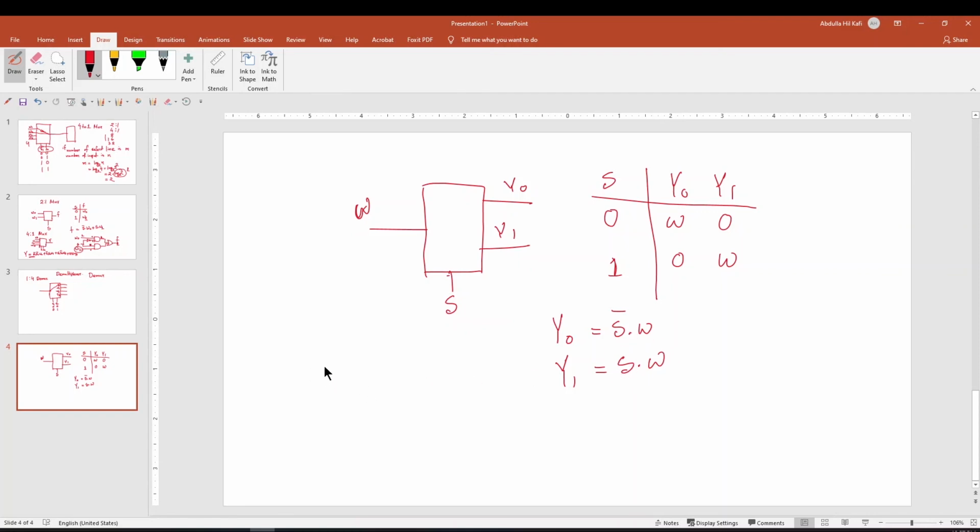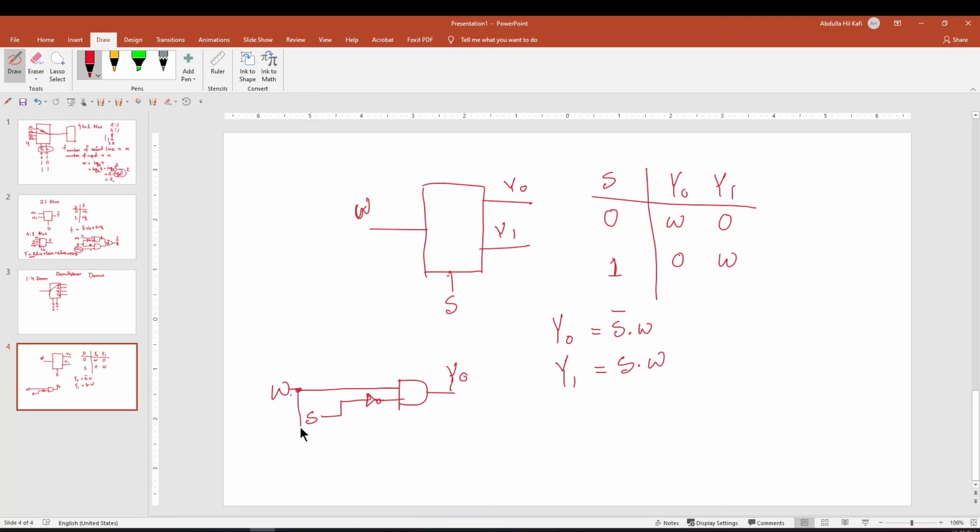Now if we want to make a circuit from this, this is our W, the data line, and we have S, and from here we need an inverter, and it goes to the AND gate. So this is our y0, and for y1 we also need to draw a circuit.